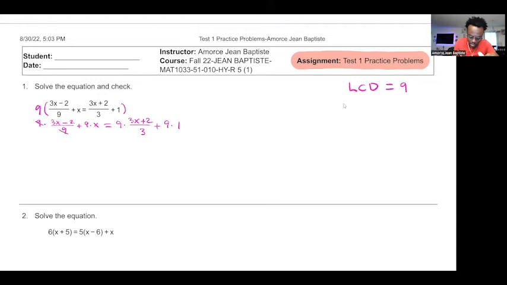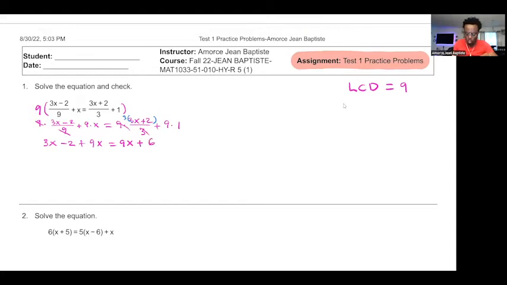Simplify. 9 divided by 9 is 1. So that's 1 times 3x minus 1 times 2, and then plus 9x equals. 9 divided by 3 is going to be 3, and the 3 will multiply the numerator portion of this fraction, which gives me 3 times 3x equals 9x, and 3 times 2, that's plus 6.